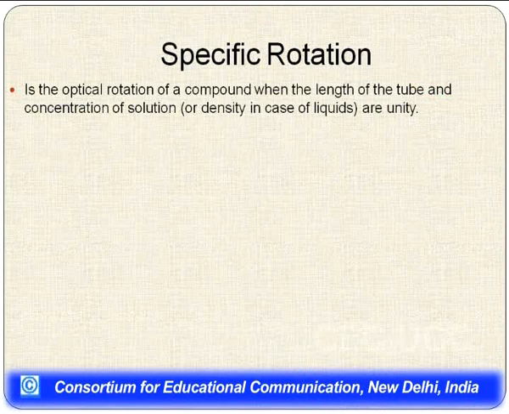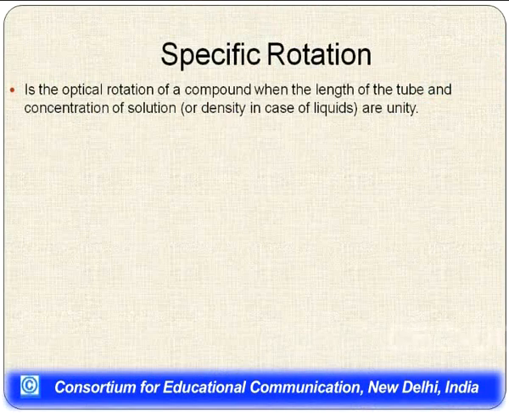So, now we can see that there are two types of compounds which rotate plane polarized light either to the left or the right, and we get an optical rotation, a certain angle of rotation, but this would certainly depend on the number of molecules present inside the tube. If I increase the number of molecules, the optical rotation increases, and if I decrease the concentration of the solution, the optical rotation decreases. So, for this purpose something called specific rotation was defined.